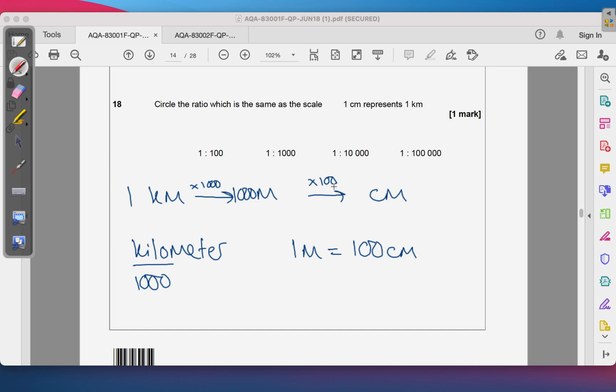That means 1 kilometre is equal to 100,000 centimetres, so 1 centimetre on the map is 100,000 centimetres in real life. So that means it's this answer.